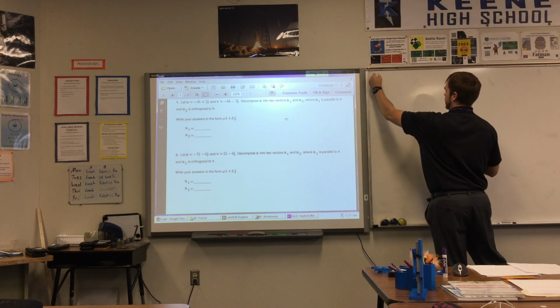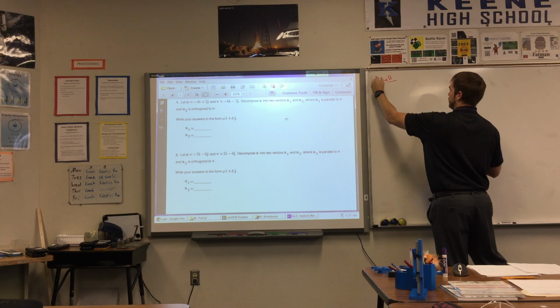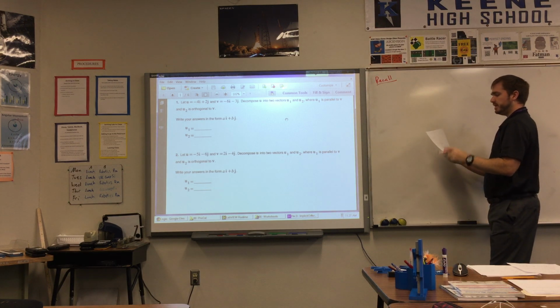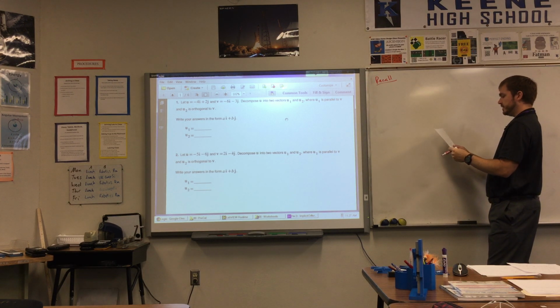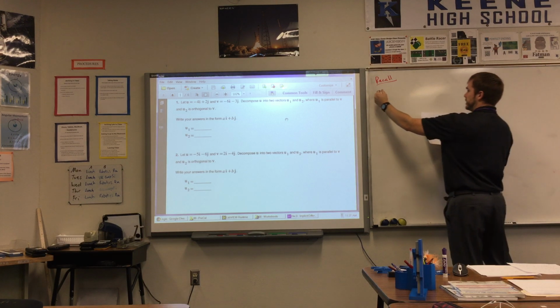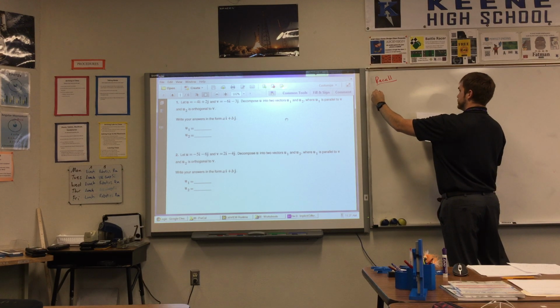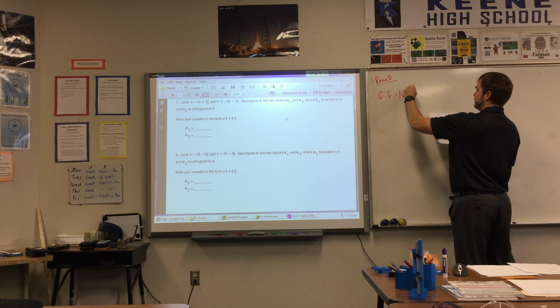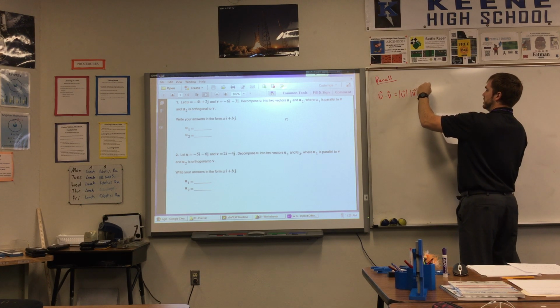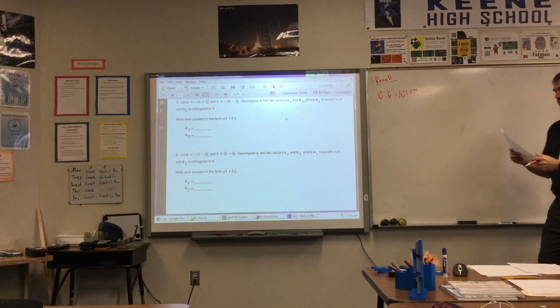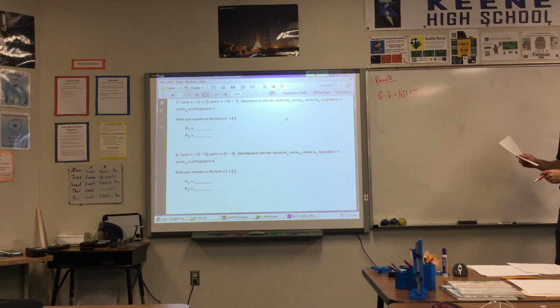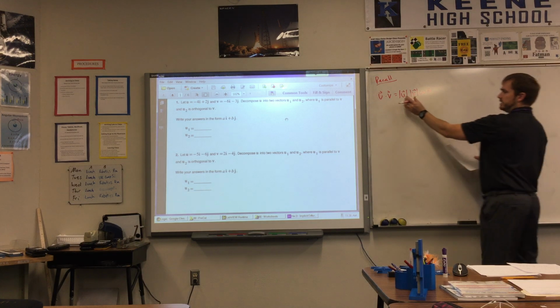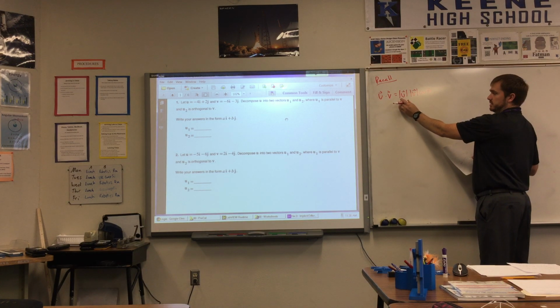For our background, we're going to put our recall notes here, stuff that we are very sure of. So we know that what we just saw a minute ago was u dot v equals magnitude of u, magnitude of v, times the cosine of the included angle. I'm going to manipulate this slightly and solve for the magnitude of u.